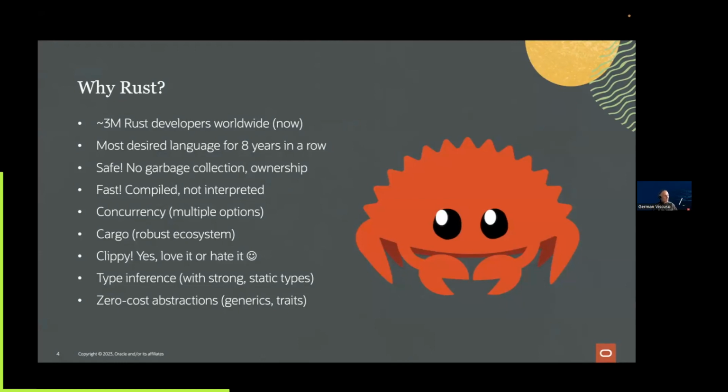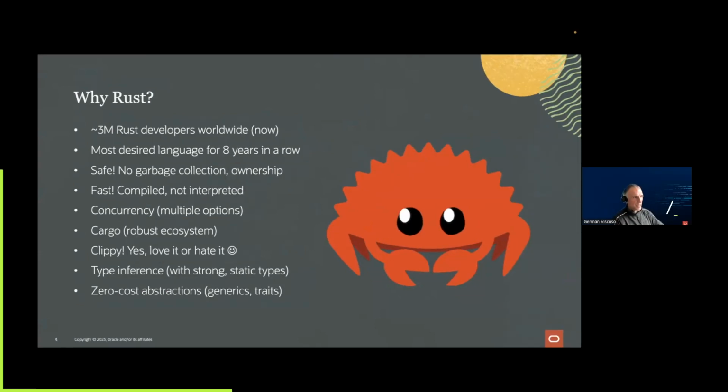It also has type inference. It's really nice. You don't have to explicitly call out the types, unless it's absolutely necessary. On some occasions it is necessary, but still the language has strong static types, which means that you cannot fool around with how things are working. You need to define specific types, and if you want things to behave differently, you also have traits to define how things behave.